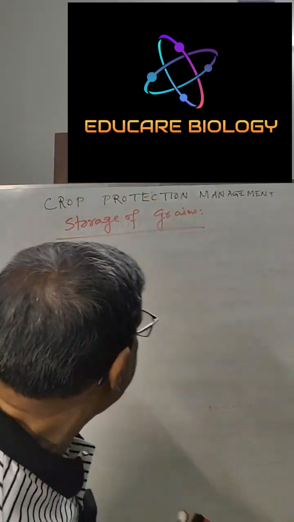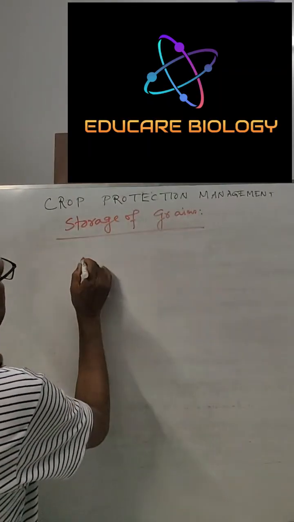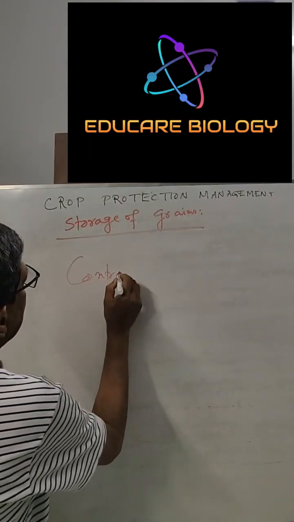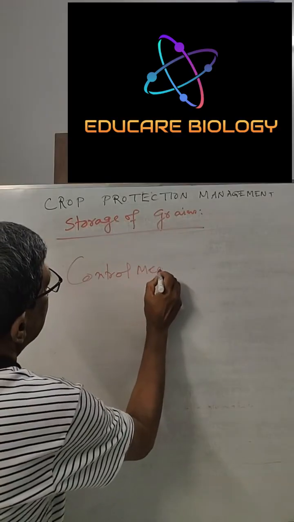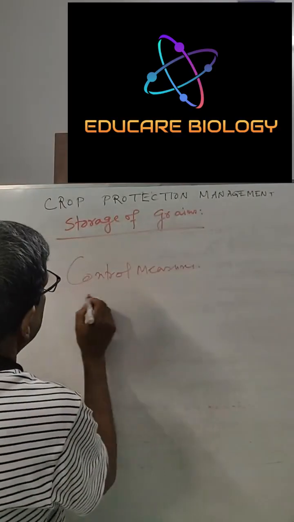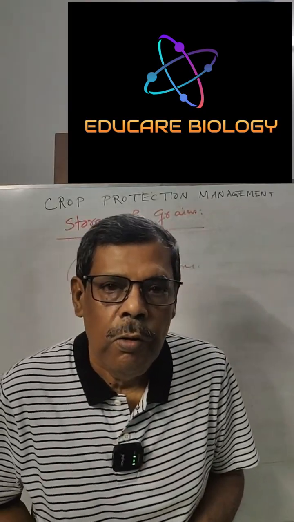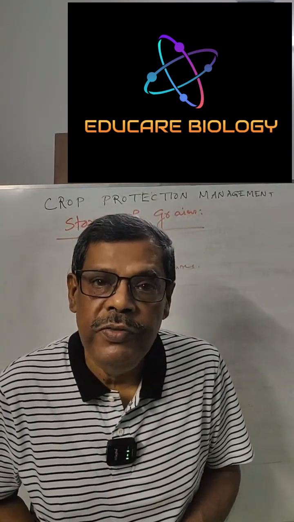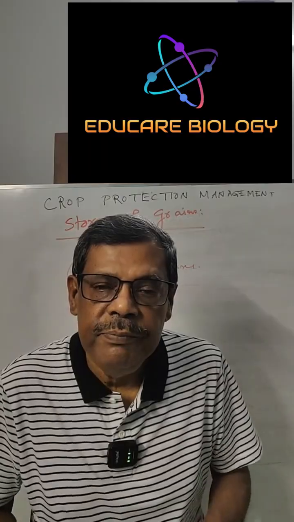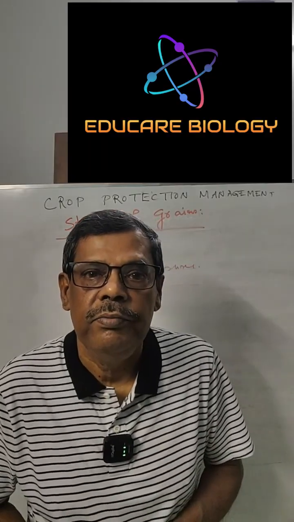Next, control measures. Warehouse should be checked at 15 days interval.